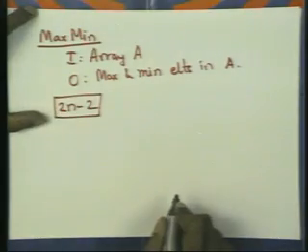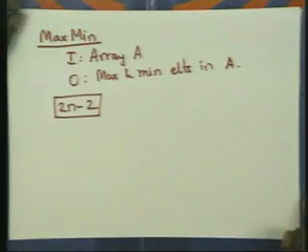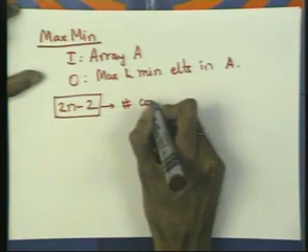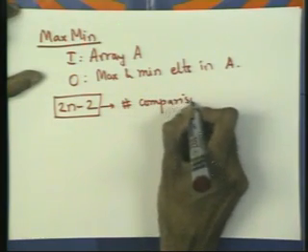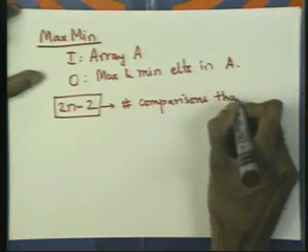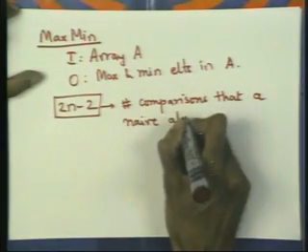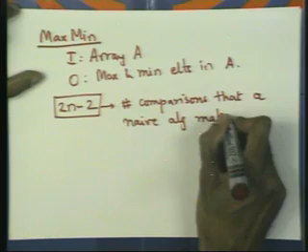Right? So this is the number of comparisons that a naive algorithm makes.